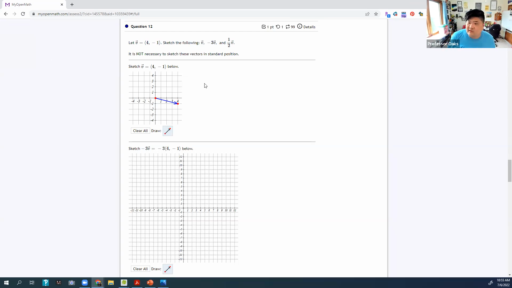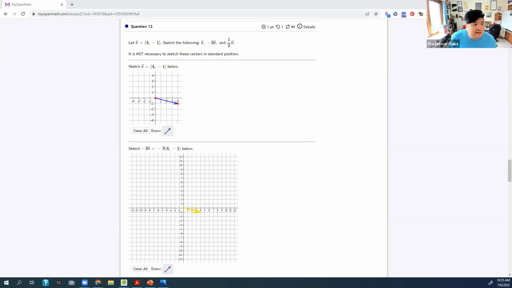Okay, so that 4, -1, but this next one, I'm going to draw it with my arrow on Zoom first before I use their little tool. So if I use the 4, -1, 4, -1 is right there.